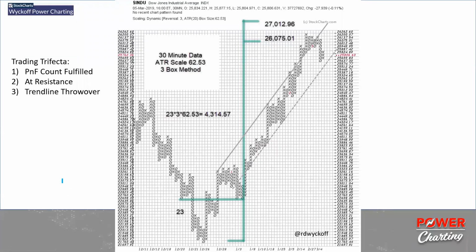Okay, so this is a chart that actually was first constructed back in early January, the middle of January, where we could see an accumulation being completed on an intraday basis. Every move, every trend is an effect that was preceded by a cause.